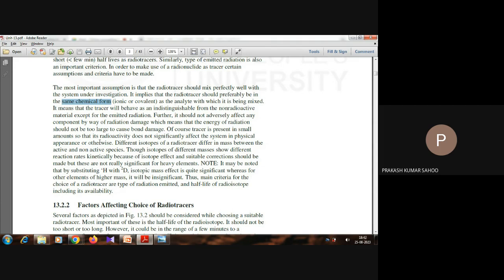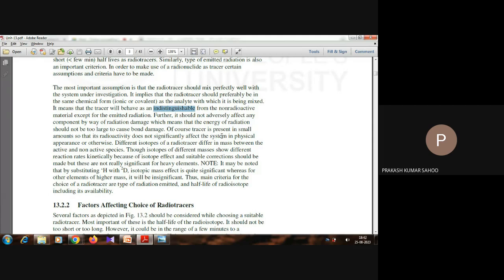It means the tracer must behave indistinguishably, the same form of the radioactive material used for the analysis. Further, it should not adversely affect any component. It should not react with or have any adverse effect on the system under investigation. Of course, there will be no bond damage.